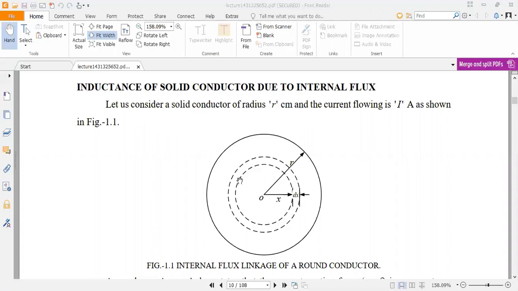This is a uniform circular figure of the solid conductor, in which we have set the radius r and the section x, and dx, the smallest part, for which we have to calculate the internal flux. And here we show the origin.